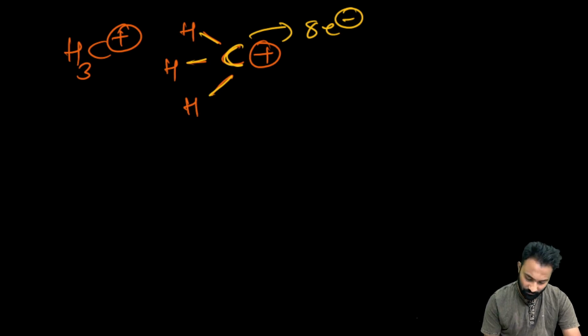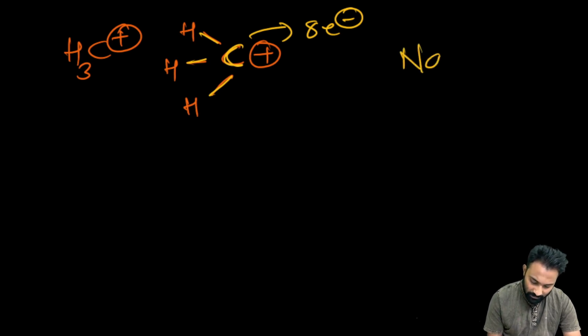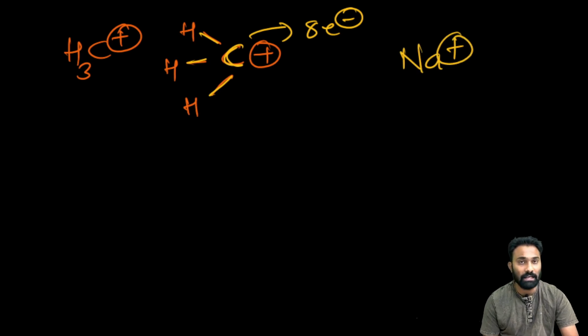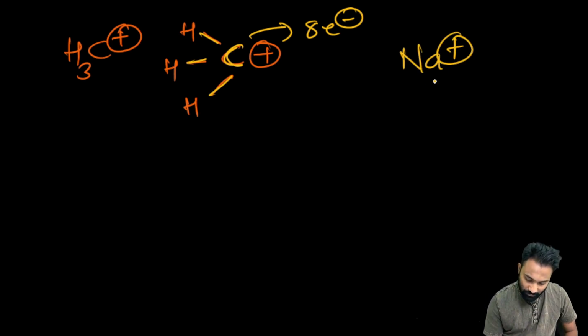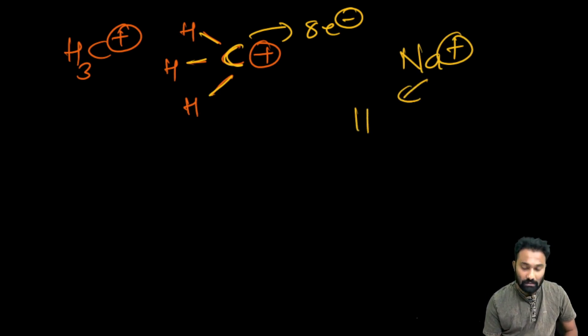But when it comes to Na plus, this is very important. Even though it has a positive charge, it is not an electrophile. Why? Normally sodium has 11 electrons, and the plus charge indicates the loss of one electron.